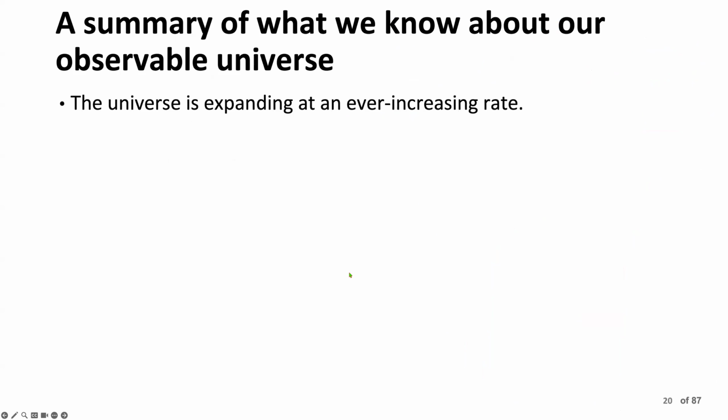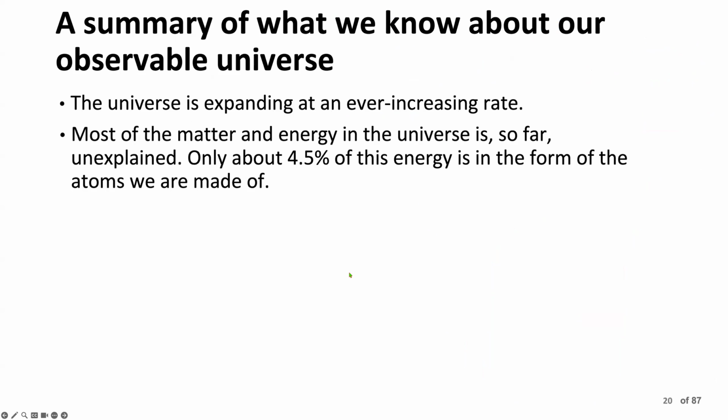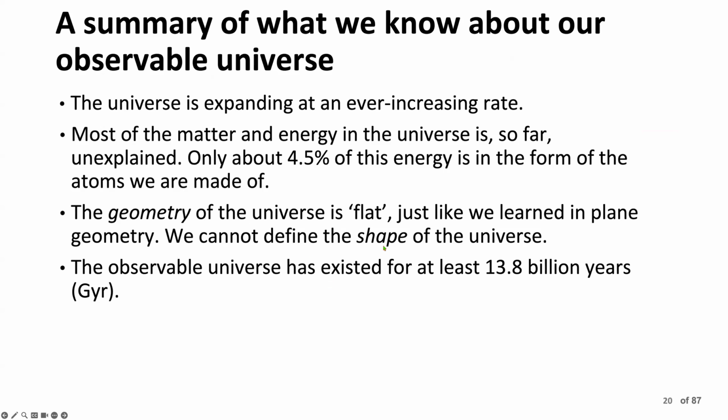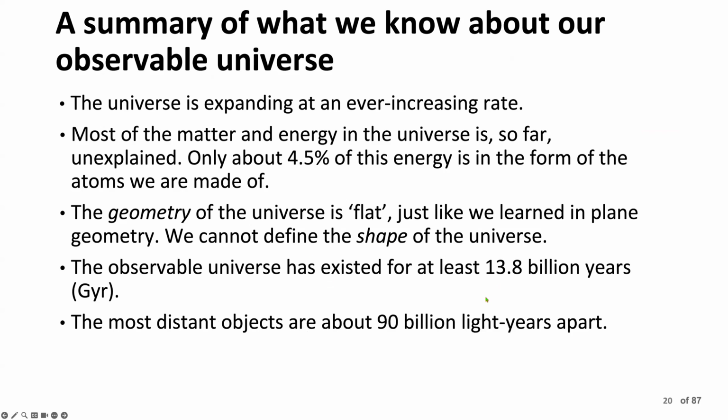And so here's what we know. The universe is expanding at an ever-increasing rate. Only about 5% of the universe is atomic. The rest of it is stuff we don't understand. The universe is flat, geometrically flat, and has some unknown shape. It's been around for almost 14 billion years.